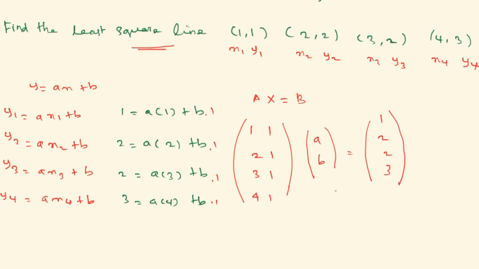In school days, when we solve the matrix form of a system of equations, we have a square matrix, but here it is a rectangular matrix. So when we start the solution, initially we have trouble finding it. In this case, the normal equation helps us to solve it. What is the normal equation?